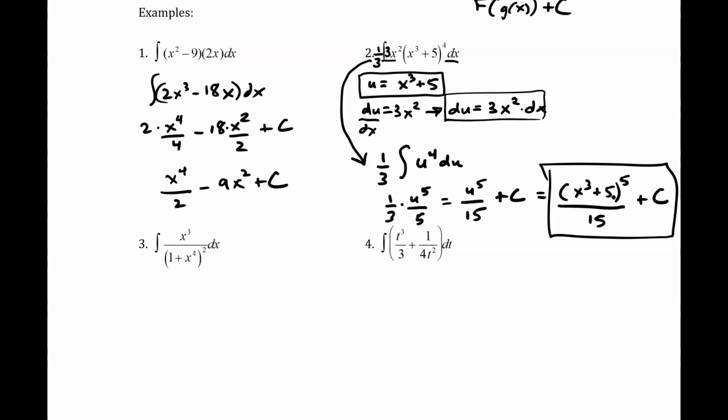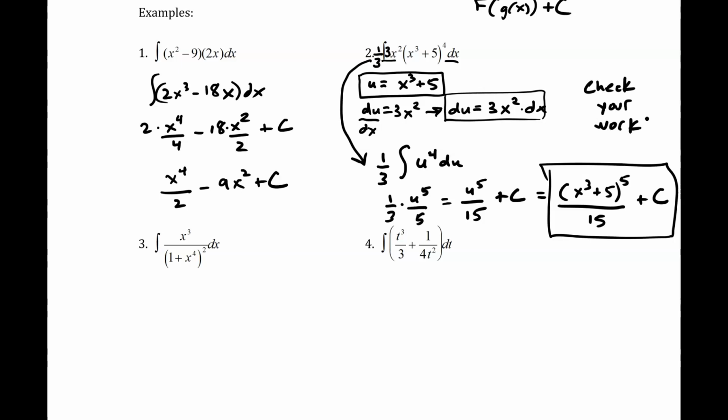And so you'd end up with a 3 in the numerator and denominator, those would cancel, and you would end up with x squared times x cubed plus 5 to the 4th, which is exactly the original integrand. So one of the big things you should be doing here is checking your work.